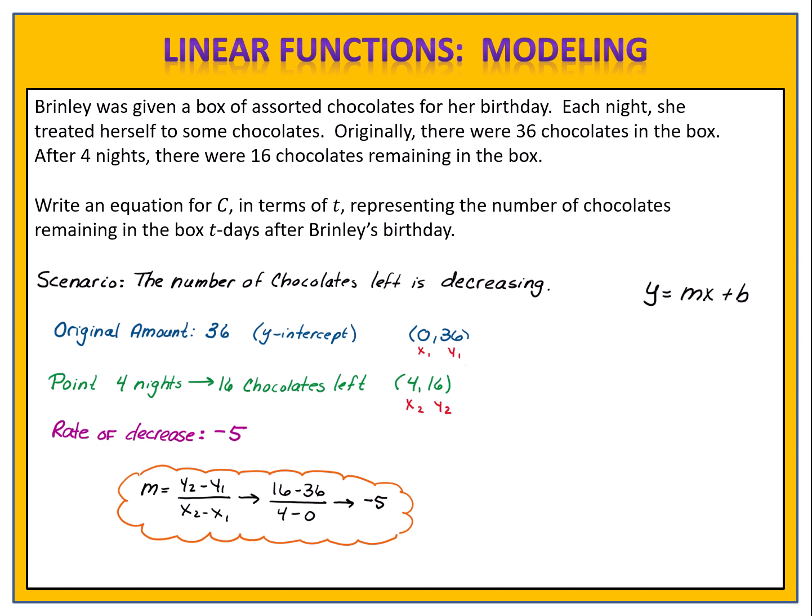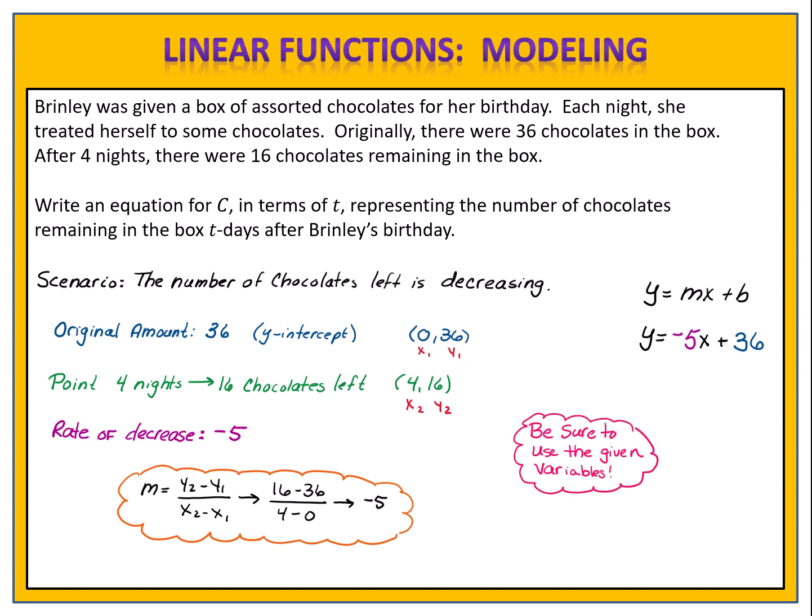To me, it seems the simplest to use the slope-intercept form. y = mx + b. y = -5 times x plus 36, where m is -5 and the y-intercept b is 36. This is an equation that represents the number of chocolates left after x days.